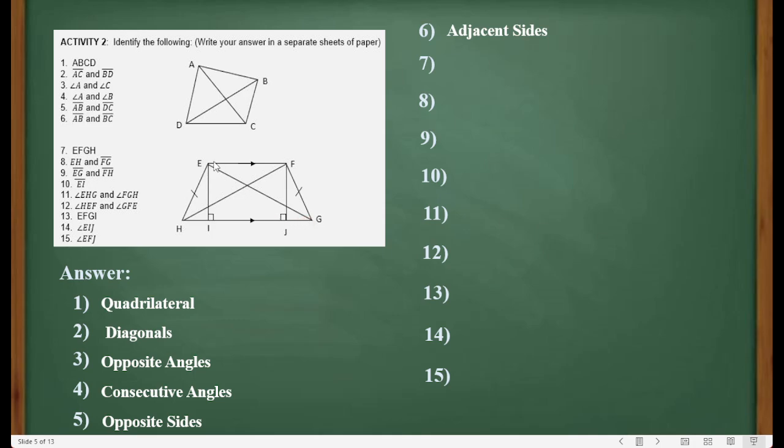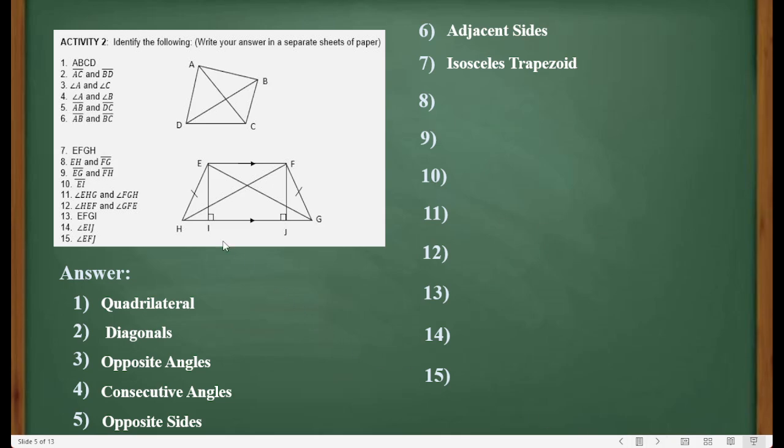One pair of opposite sides has identical arrowhead markings, and the other pair has identical slash marks. Now, what kind of quadrilateral do we have here whose name is quadrilateral EFGH? If your answer is isosceles trapezoid, you are correct.